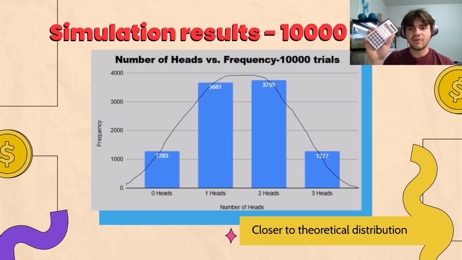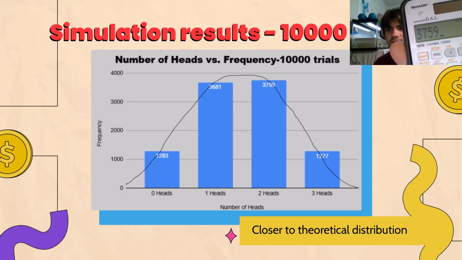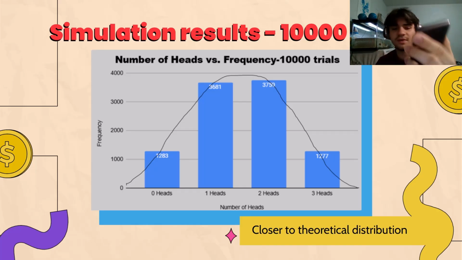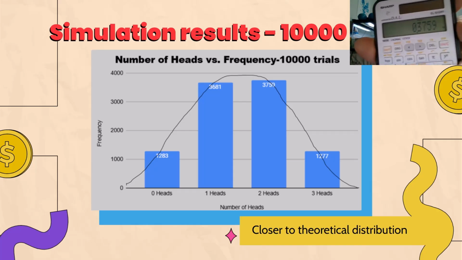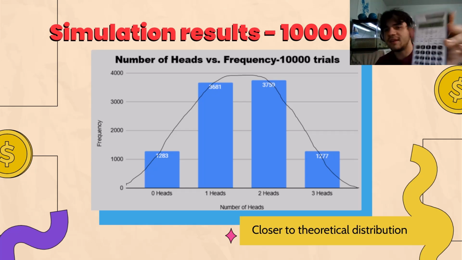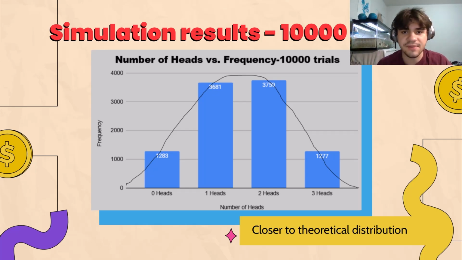If you grab your calculator and go to the number of two heads, it's a frequency of 3759 over 10,000. That's 0.3759. That's no coincidence, right?